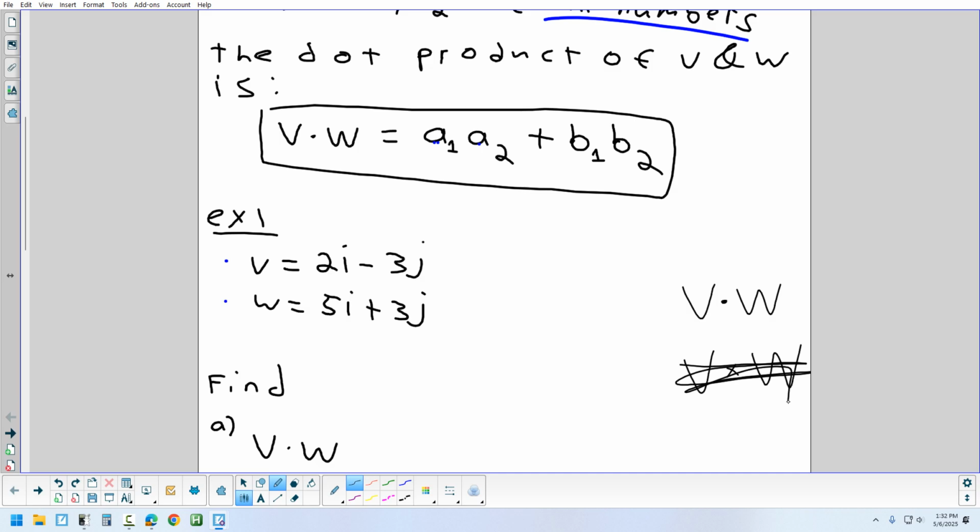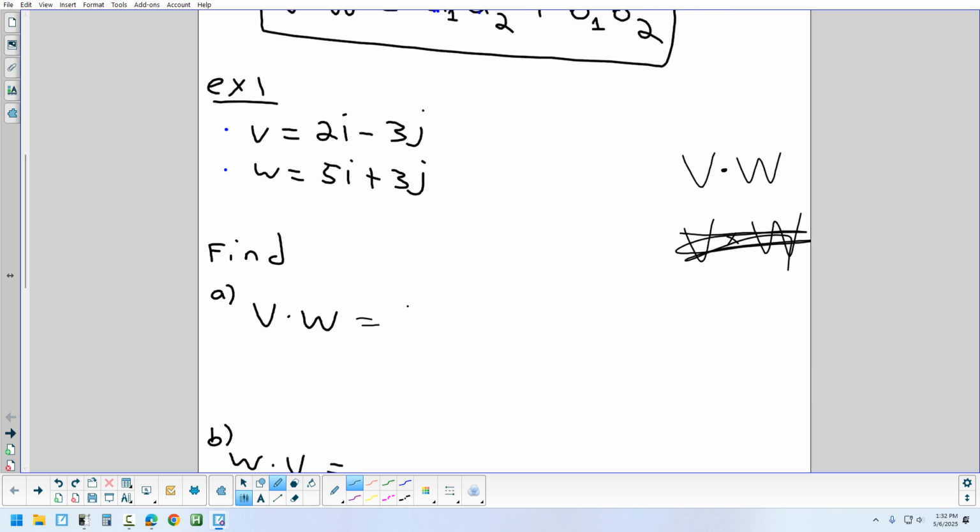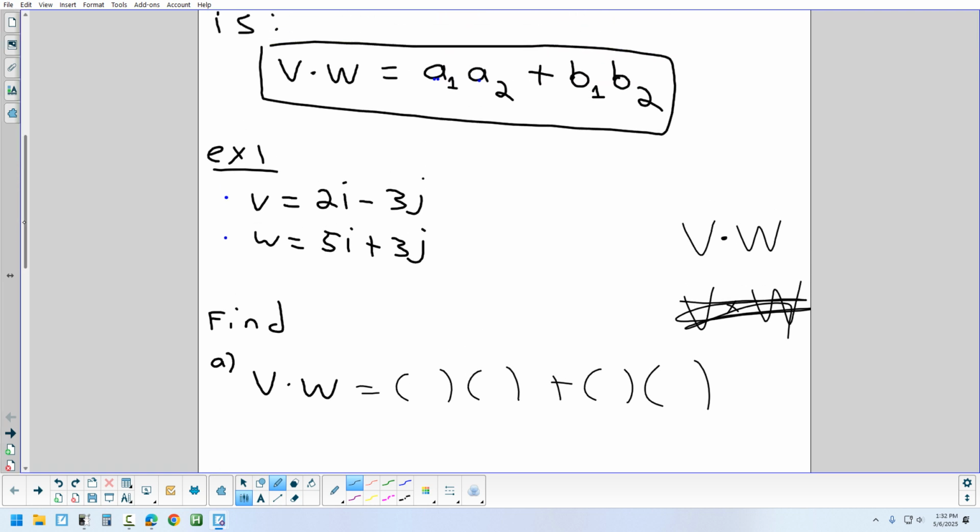All right, so let's see if we can find the dot product. First thing you want to do is lay out that template right there. So following what we have up above, what would be the 2 numbers that go in those parentheses? 2 and 5.